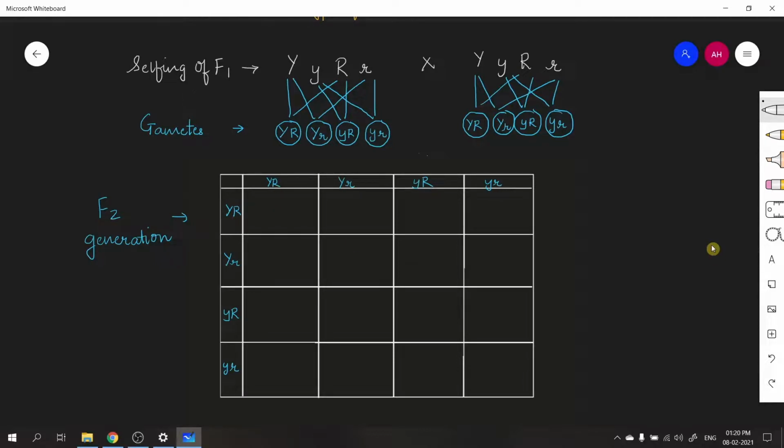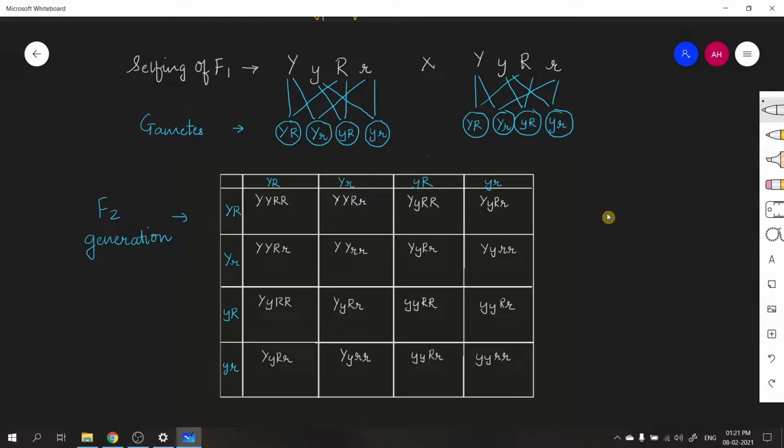So simply I will write down capital Y, capital Y, capital R, capital R. Similarly for here, I will write down capital Y, capital Y, capital R, small r. Fine. So what I did is I simply considered capital Y of this, and capital R and small r. So likewise, let's fill up the entire box here. Alright, so we have written down the genotypes in these boxes.